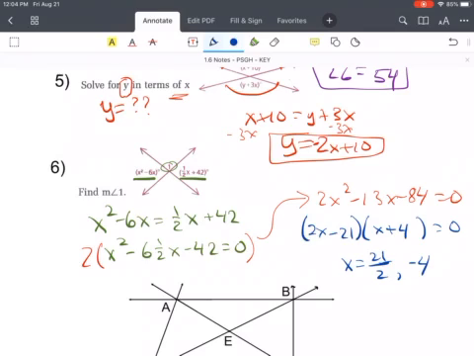So then you have to plug in your different values for x here. Now that we have two x values, we need to check both x values in the problem.